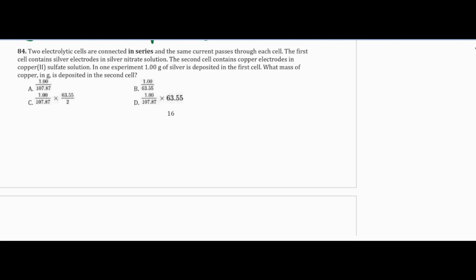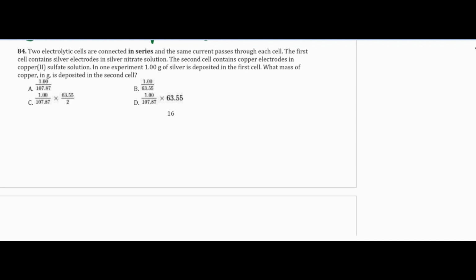We've got two cells. One has silver nitrate solution and a silver electrode. The second cell has copper electrodes and copper 2 sulfate solution. 1 gram of silver is deposited in the first cell, so what mass of copper in grams is deposited in the second cell?